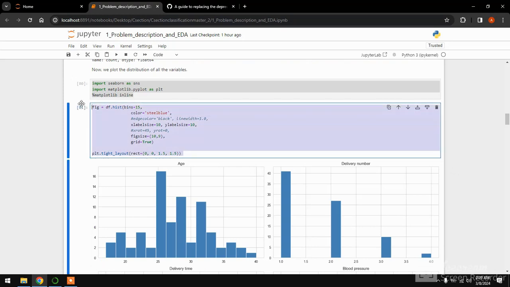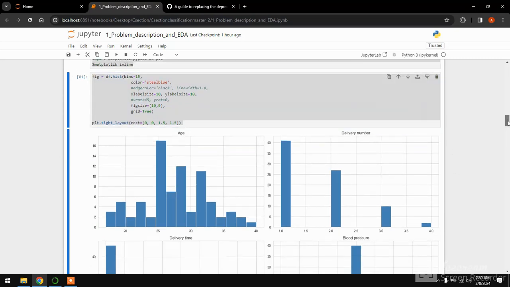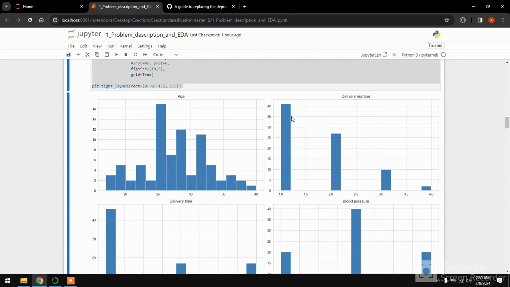What do we really mean by each category of value, and by any chance of giving birth through C-section? For example, in the first chart we are showing how age affects the C-section delivery method. As you can see, with age on the horizontal axis, people between the ages of 25 and 27 are the highest in terms of delivering through C-section.